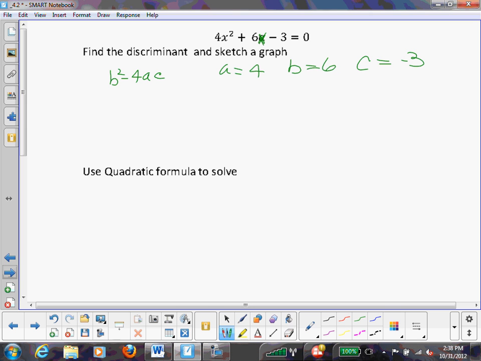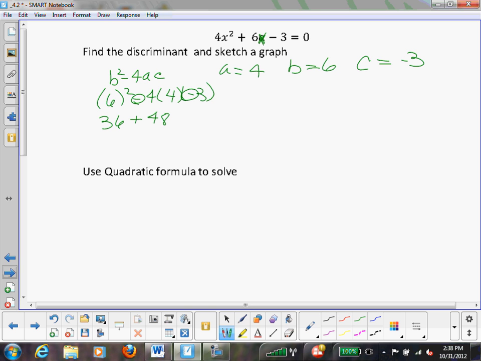So b squared, 6 squared, minus 4 times 4 times -3 is 36 plus. This is where you're going to make a mistake. You've got two negatives hanging together on that second part of my problem, so it's going to change into a plus between the two answers, right? And so 16 times 3 is 48, and so I'm going to get 84.